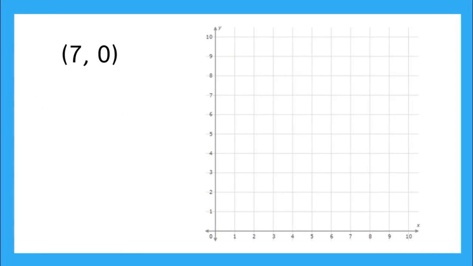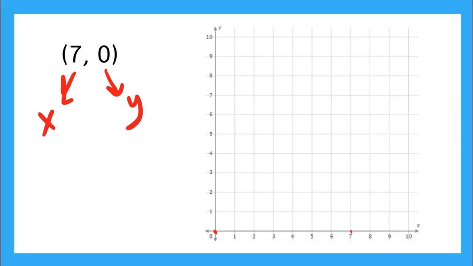Now what do you think is going to happen when I have a 0 as my y-coordinate, but I have a whole number, a 7, for my x-coordinate? Well, let's find our x-coordinate on the x-axis. Starting at the origin, I go over, find my x-coordinate right there. And then my y-coordinate is a 0, so I don't leave the origin.